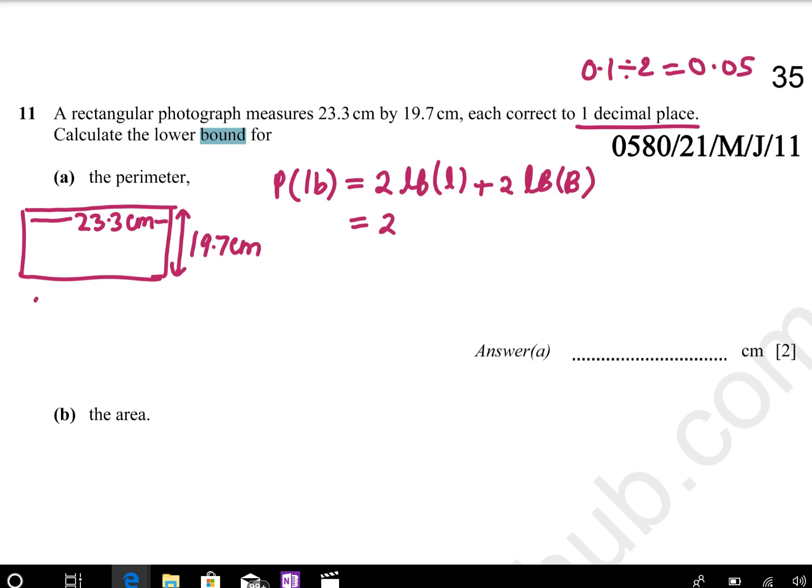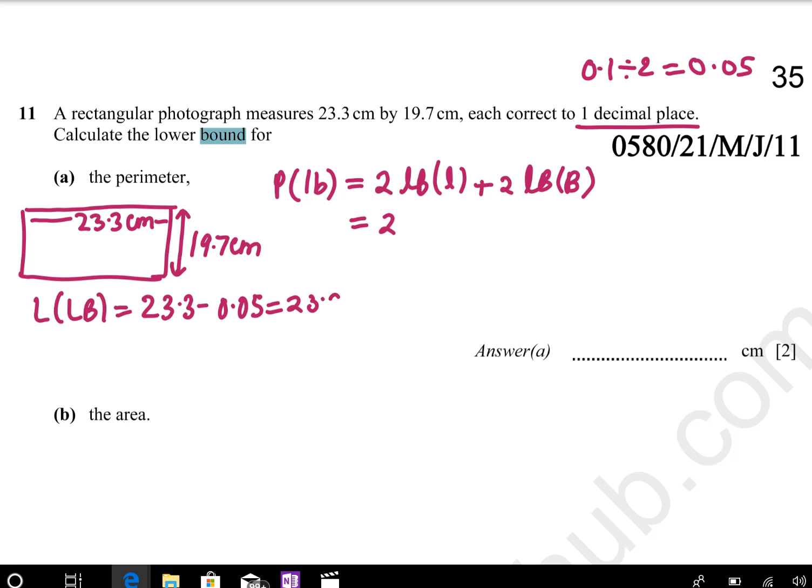What is length LB? It is equal to 23.3 minus 0.05. Let me calculate. So 23.3 minus 0.05, and that gives me 23.25.